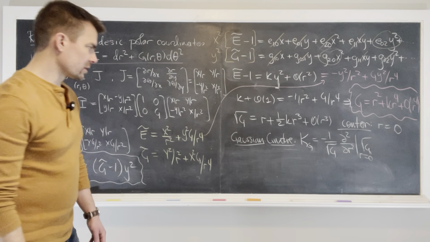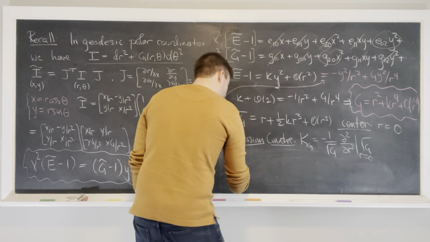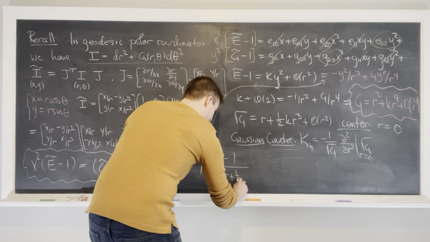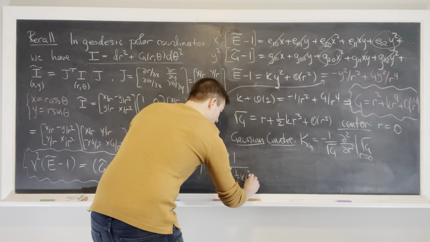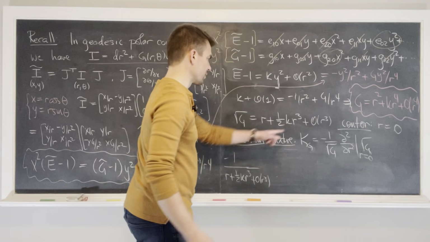So what's this going to give us over here? Well, that's going to be a -1 over r plus 1/2 k r cubed plus little o of r cubed. That's the 1 over square root of g.